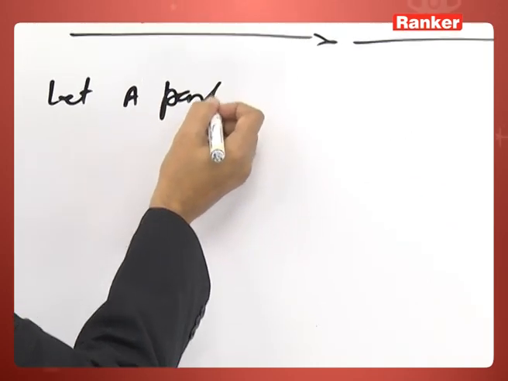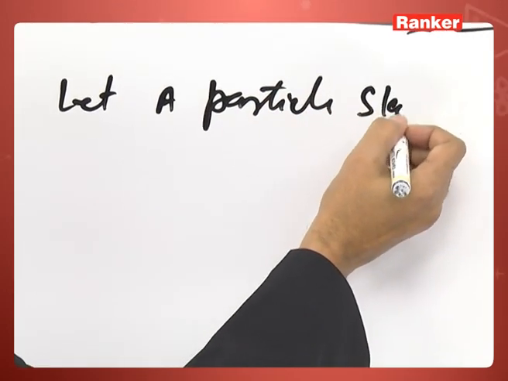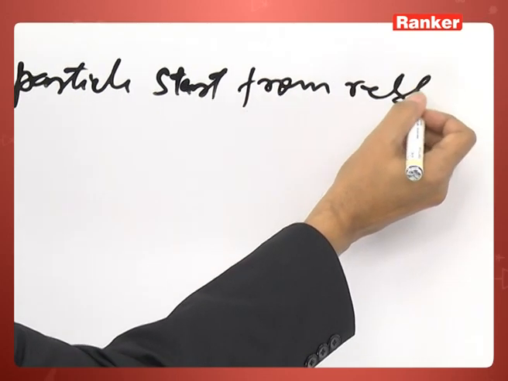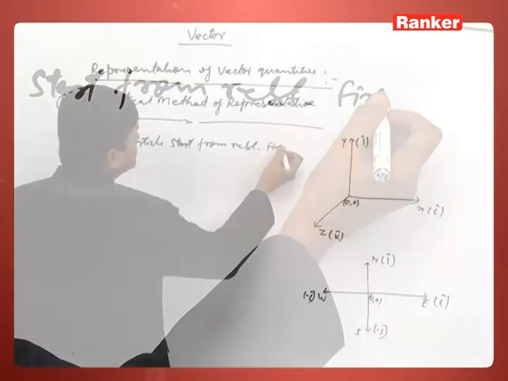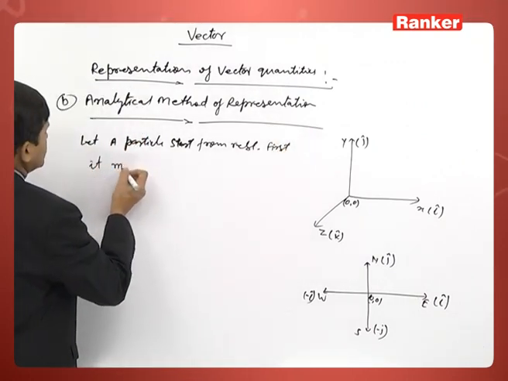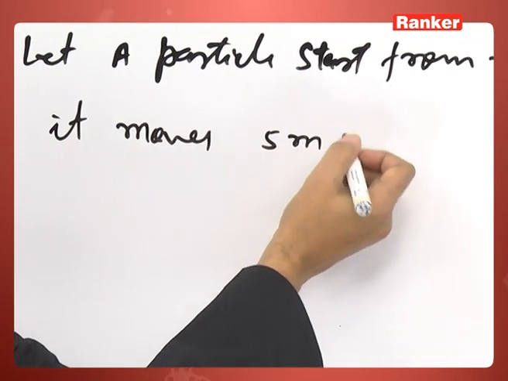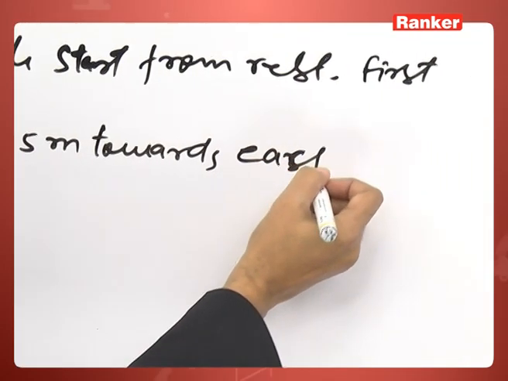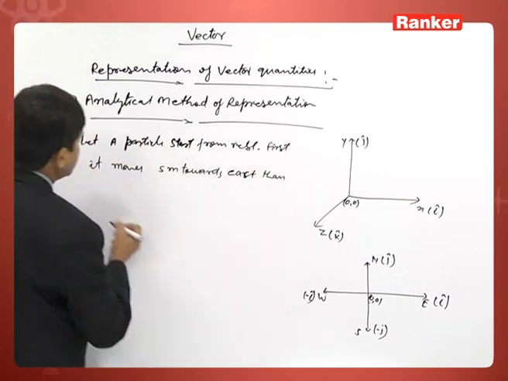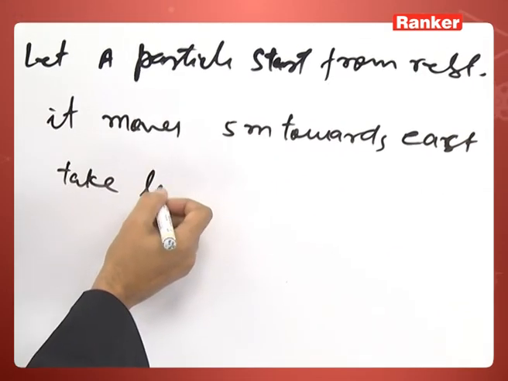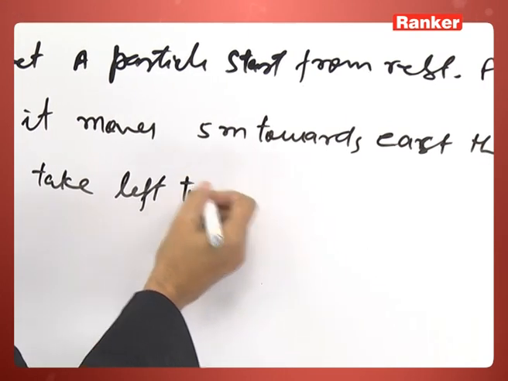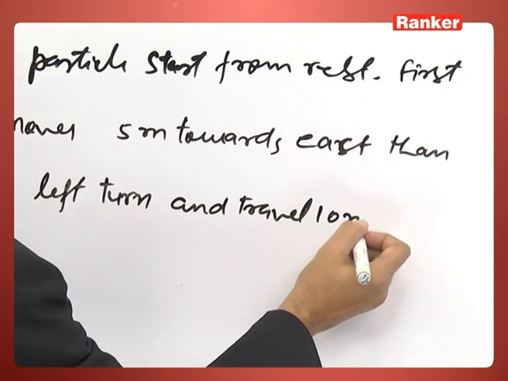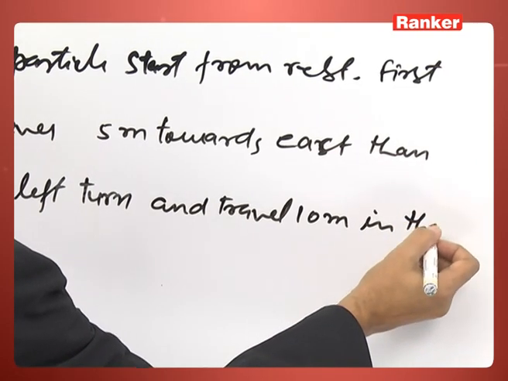let a particle start from rest. First it moves 5 meter towards east, then takes a left turn and travels 10 meter in that direction.